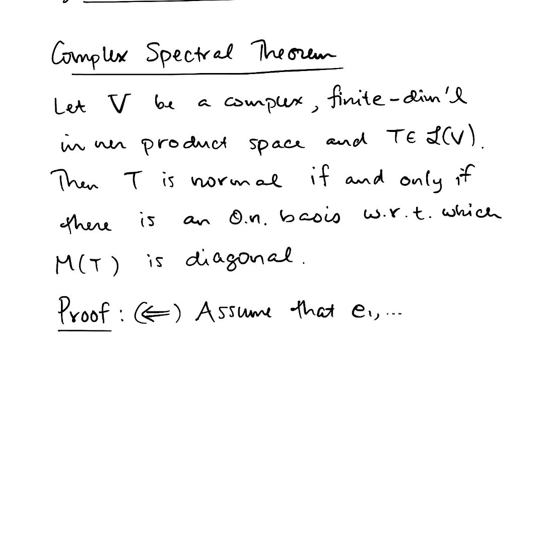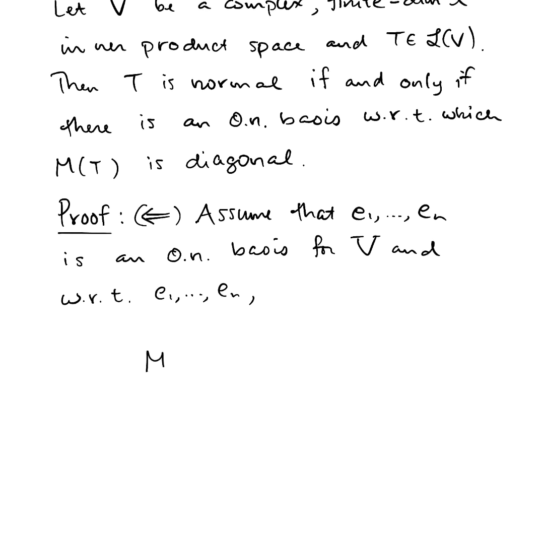So let's suppose E1 through En are an orthonormal basis for V, and furthermore, that they make T's matrix come out diagonal. So E1 through En are an ON basis, and with respect to that basis, M of T looks like this.